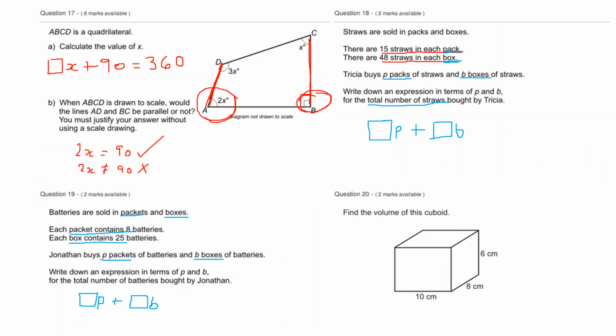Question 20, the volume of a cuboid. So the volume of a cuboid is base times height times kind of your depth. Okay, so how far back it goes. So that means your base times your height, and then your depth is how far back it goes.